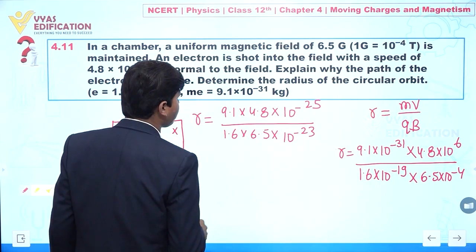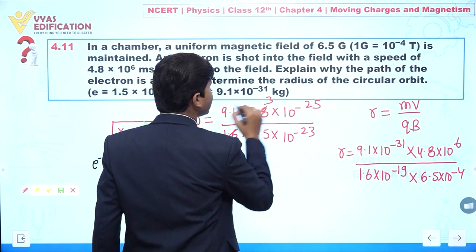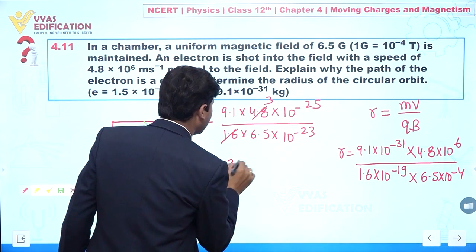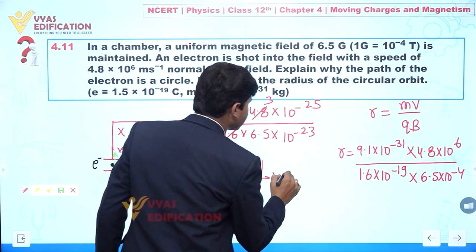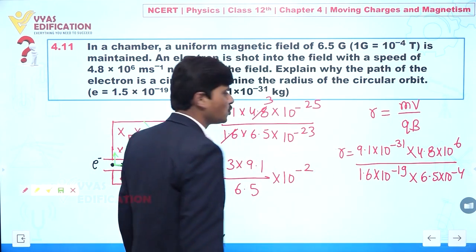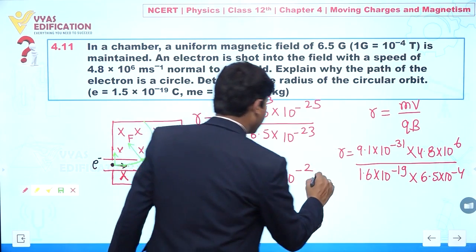From here you can say this one is 3 times, so 3 × 9.1 divided by 6.5, and this is 10^-2, in meters.